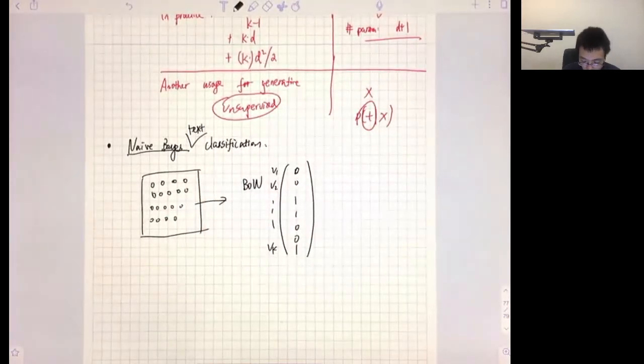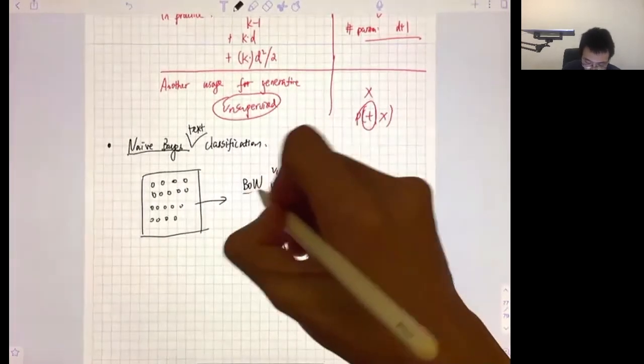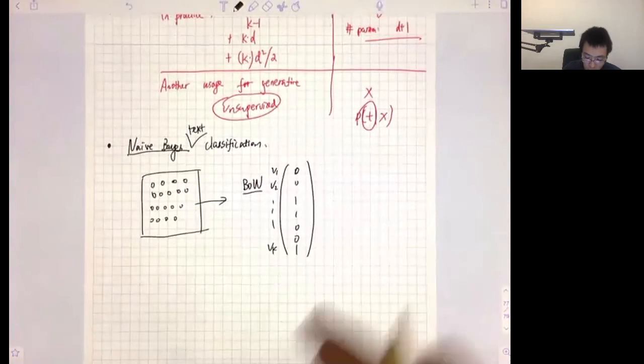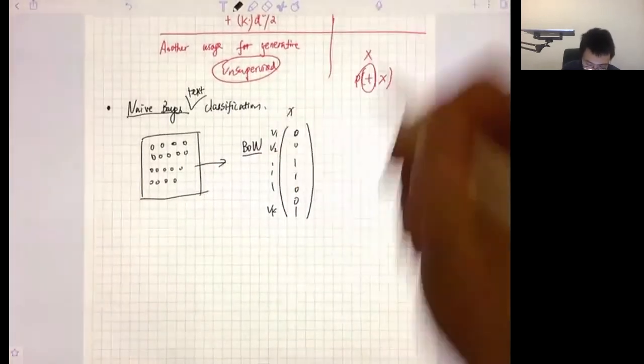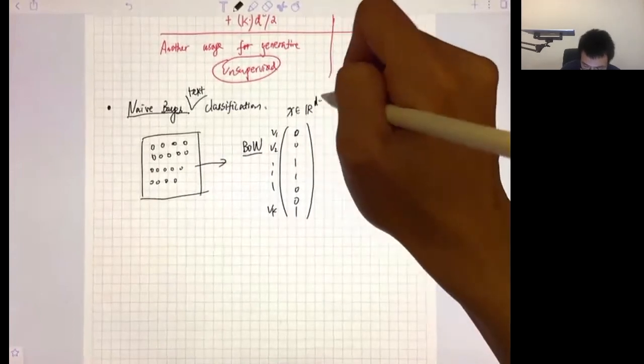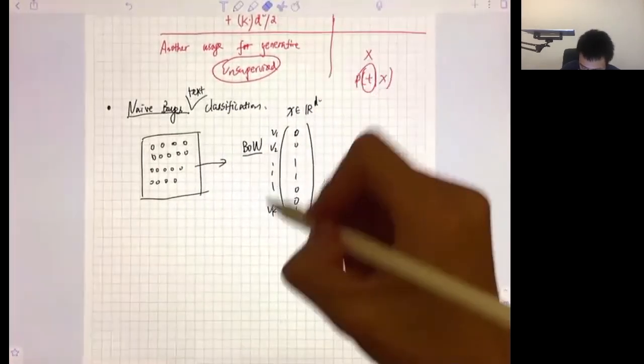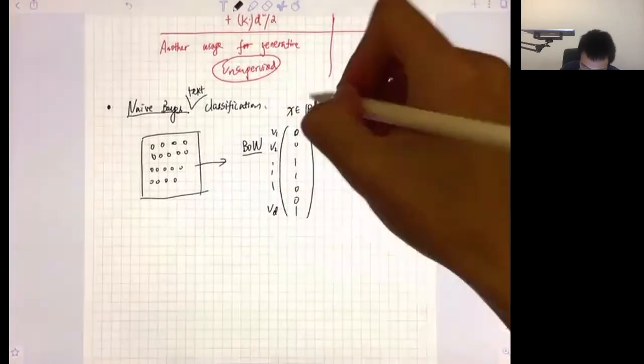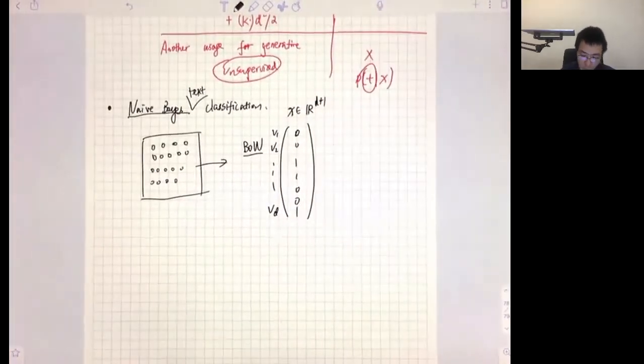This is the naive Bayes assumption. So this is the bag-of-words features to represent the document, and these are my input x, okay? X is a vector, so I can say this is a D-dimensional space.